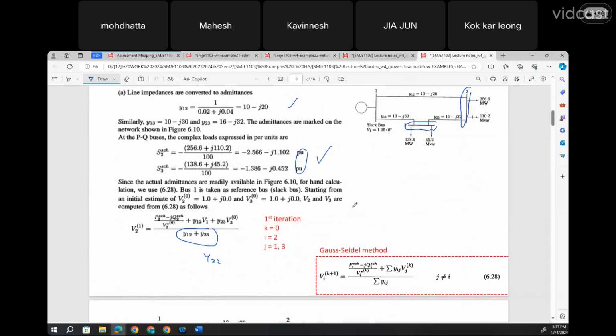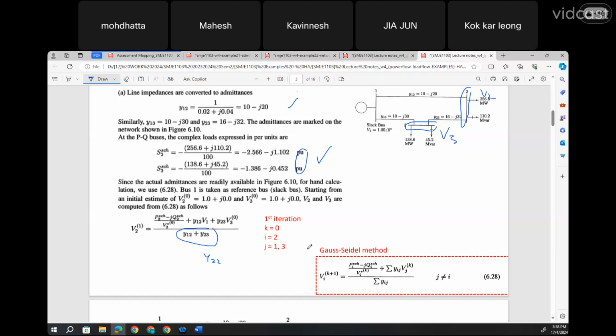Once the admittance is there and your power information at bus 3 and 2 has been converted into per unit value, you can do some initial estimation of what you will expect in terms of the voltage over here, V3, and also the voltage over here, V2.